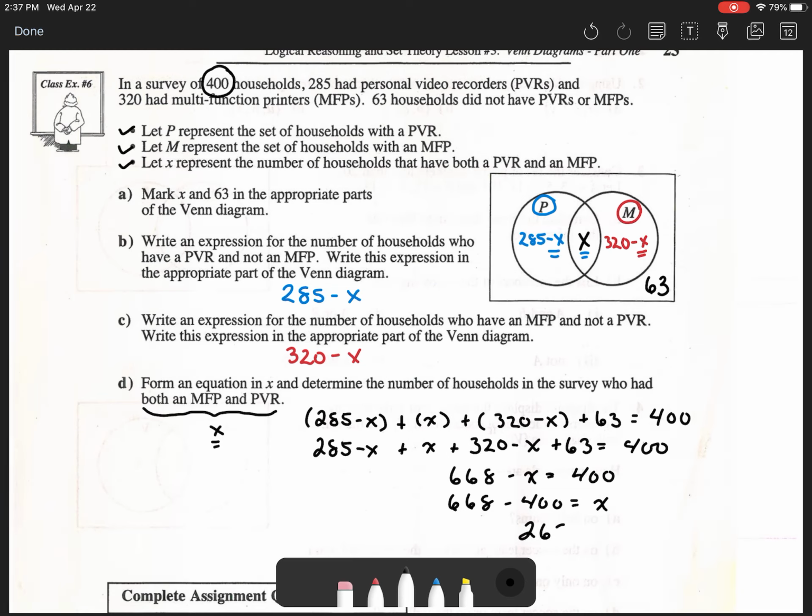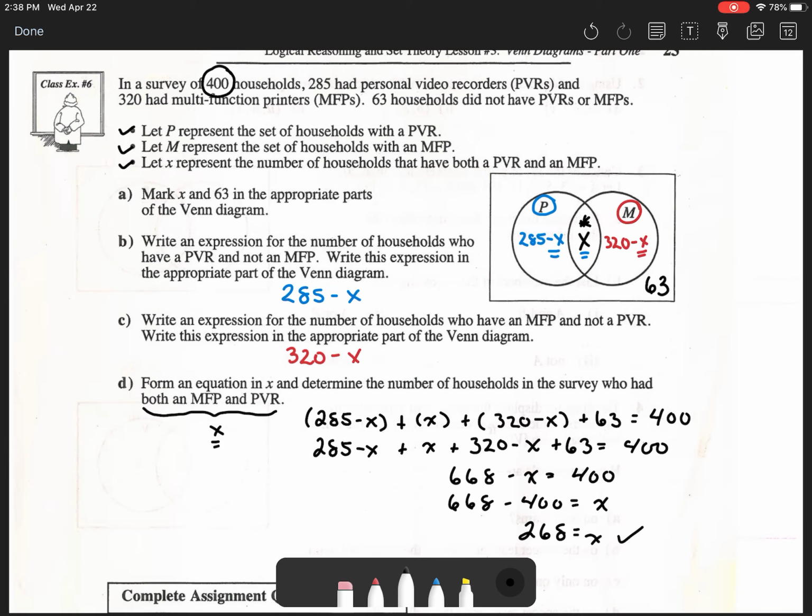Now, again, I'm after x here. So what I do is I go 668 minus 400, equals, take x to the other side, which is what I'm after, and you will see that you get 268 that equals x. Now again, x was the number of households that had both, and that's what they were after in this question.